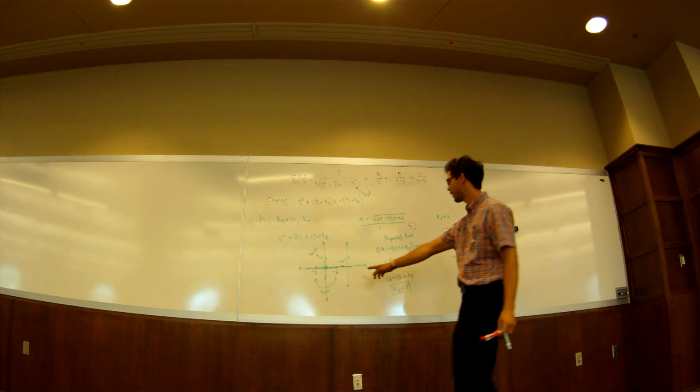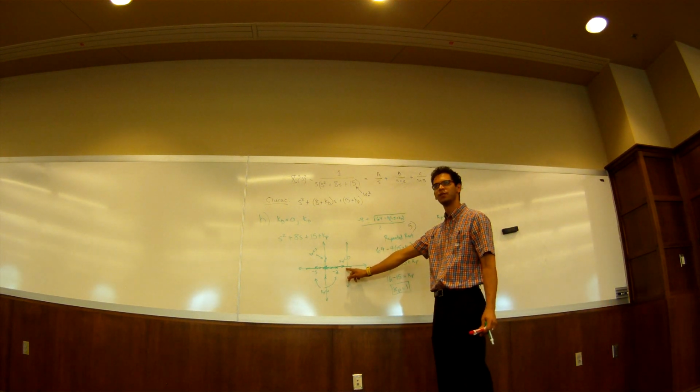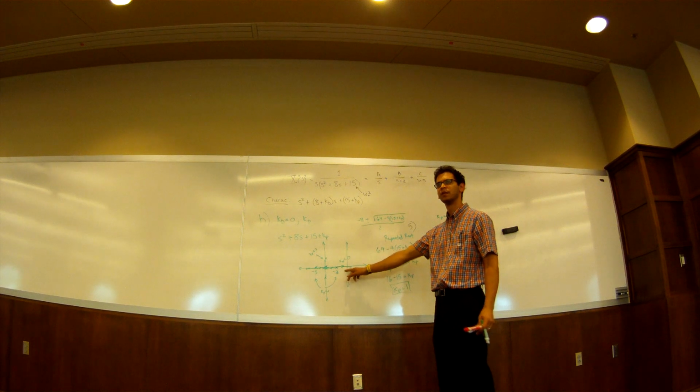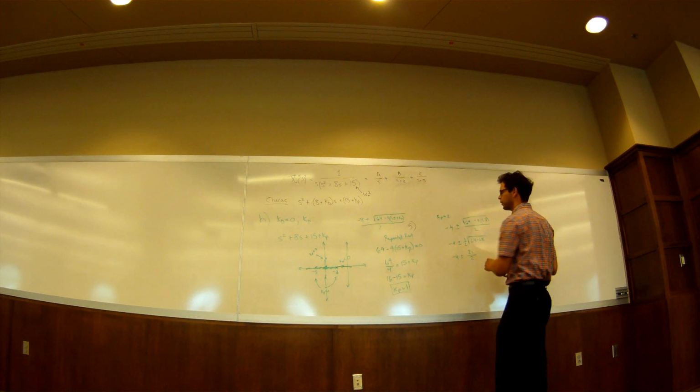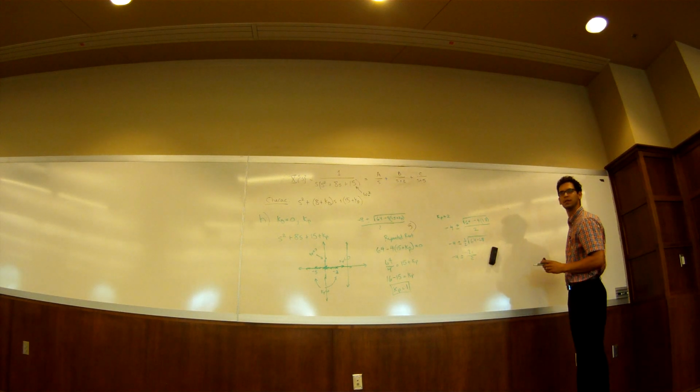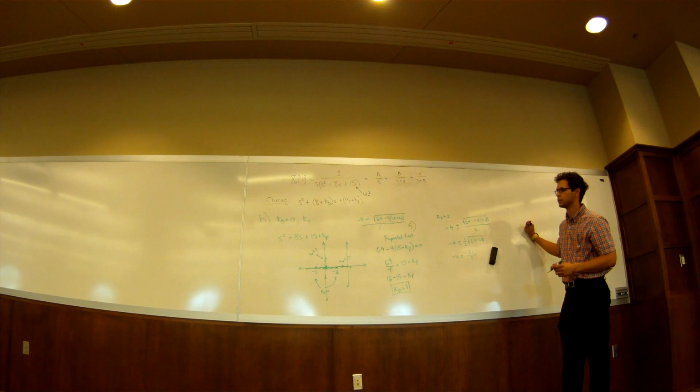You can find where this happens, though, right? How would you find where this happens? You do Routh-Hurwitz, but you have the quadratic formula, don't you? Yeah. You set what equal to one of the poles?